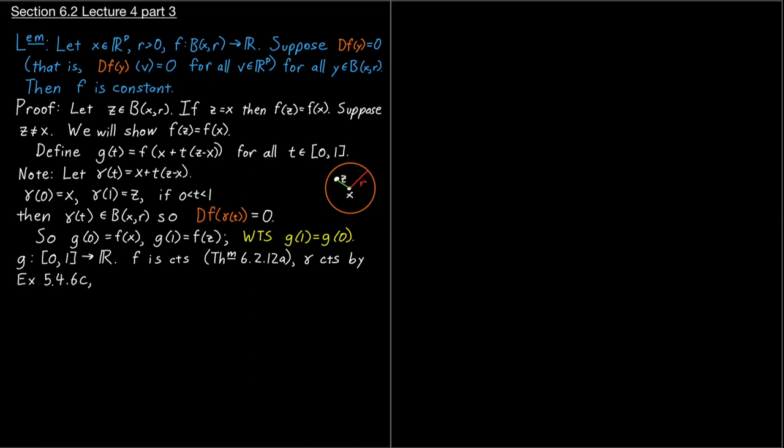It's a function from the real numbers to R^p, and each of its components is clearly continuous. So by proposition 5.4.4, g, which is the composition of f with gamma, is continuous on its entire domain, 0 up to 1.